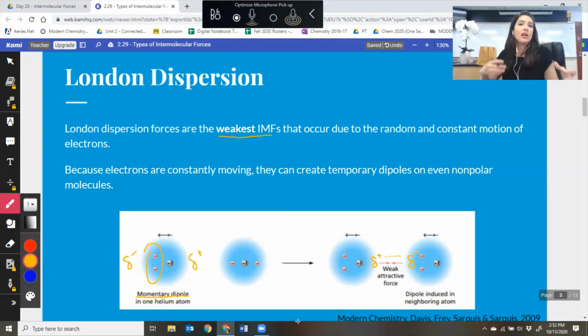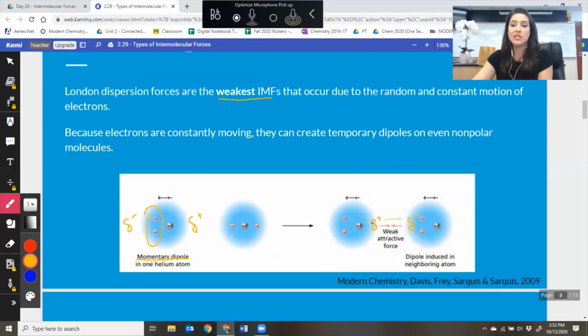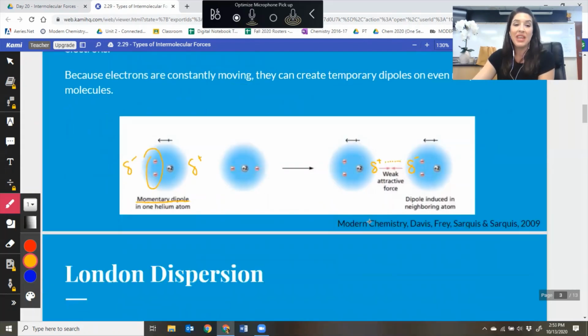And this is happening constantly and at great speeds and amongst billions and billions of molecules at a time. So because electrons are constantly moving, they can create temporary dipoles, even on non-polar molecules. So every type of molecule in the world experiences this London dispersion intermolecular force. And here's a little photo of it from our chemistry textbook, Davis, Fry, Sarquis, and Sarquis in 2009.